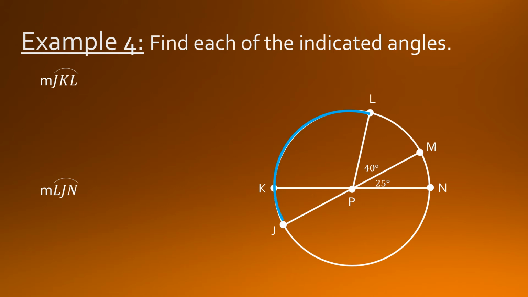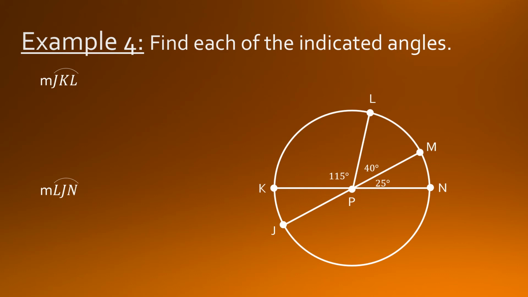Now, I see that KN is a diameter, so that means that KN is going to be half of my circle, meaning 180 degrees. And I'm going to subtract out those two pieces we already know, which are 40 and 25. So 180 minus 40 minus 25 is 115. So we know that angle KPL is 115 degrees. So arc KL is 115 degrees.